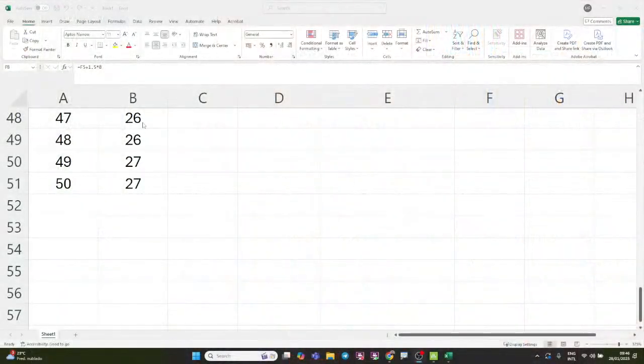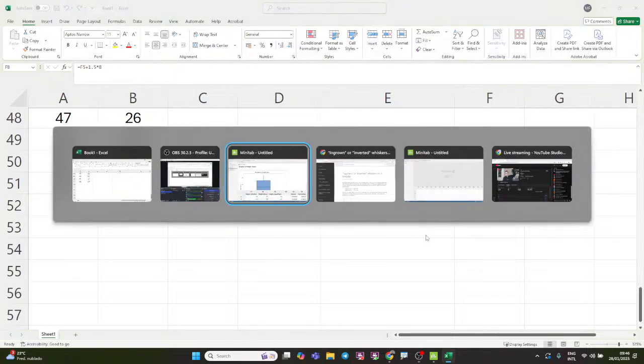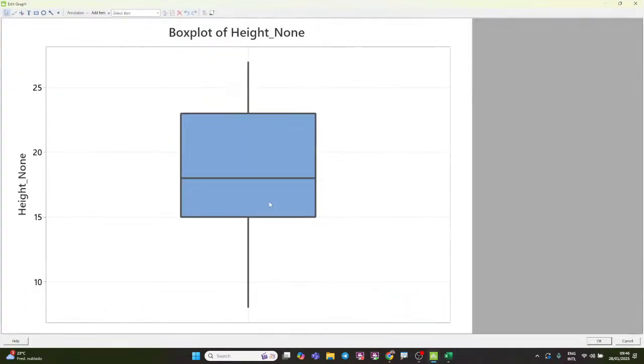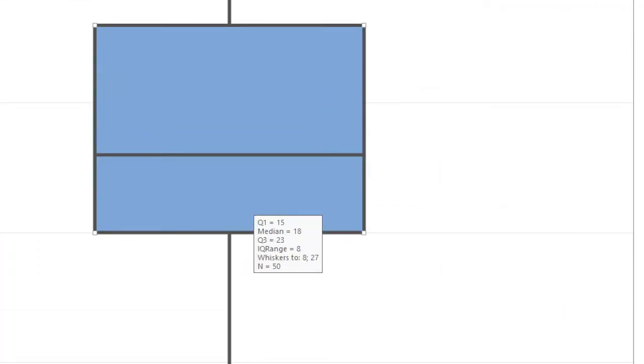And the same thing at the top: I adjust the 35 to the closest one, in this case 27. If I sort the numbers, I have 27 here. So that's why the extremes for the whiskers are 8 and 27.